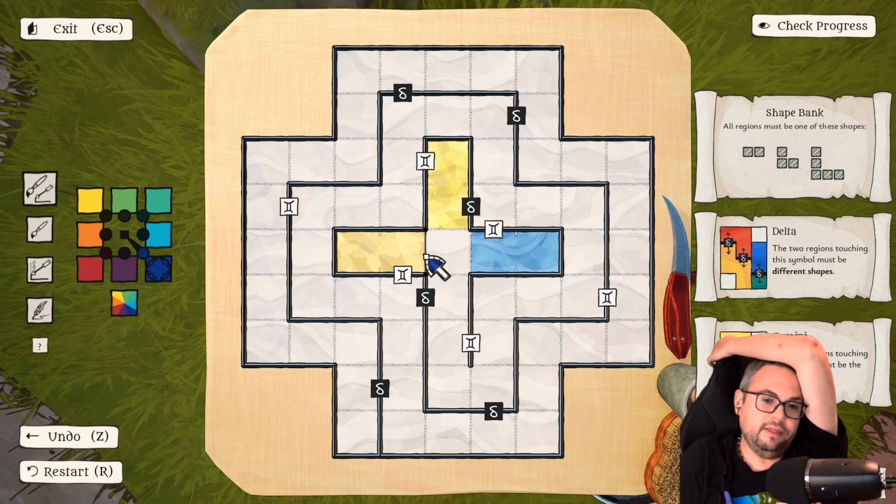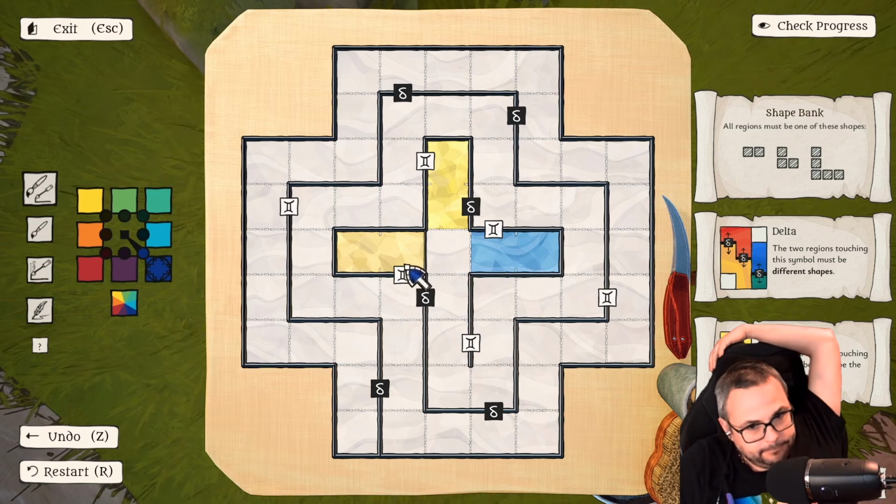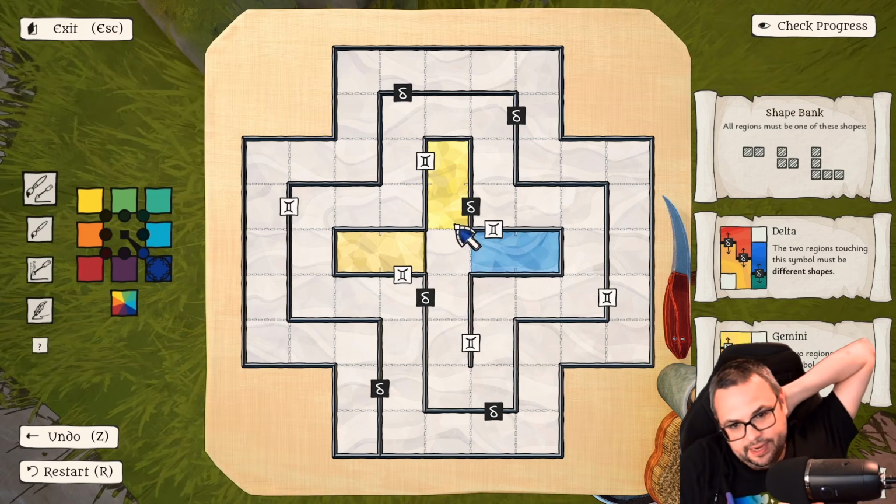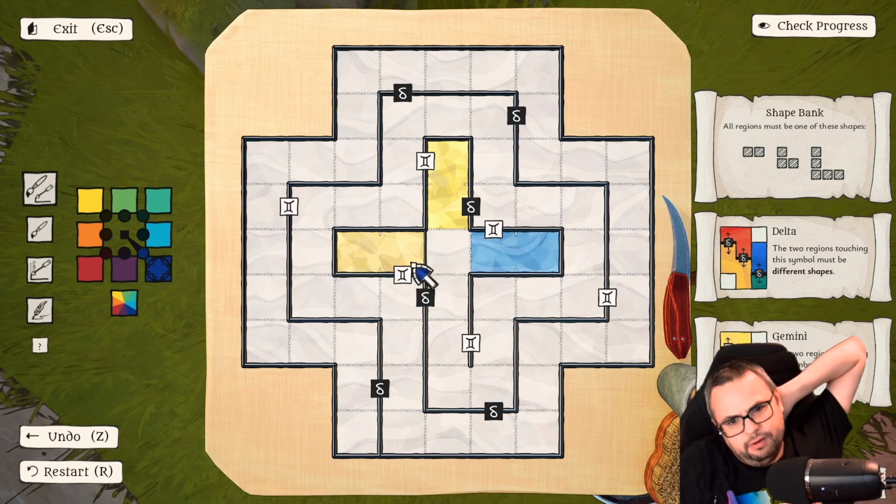Whichever of them is a V, though, this one's always a domino. Because whichever of them is a V... Oh, no, sorry, that's not true.